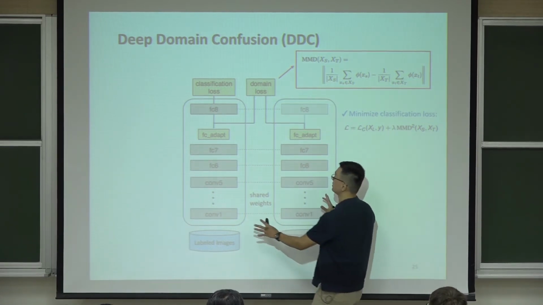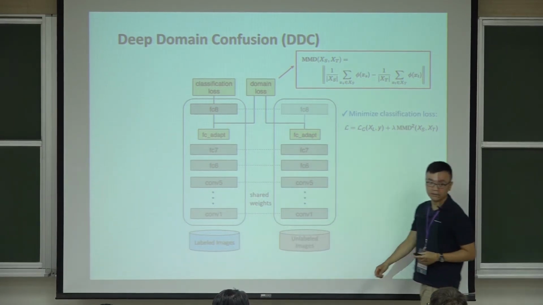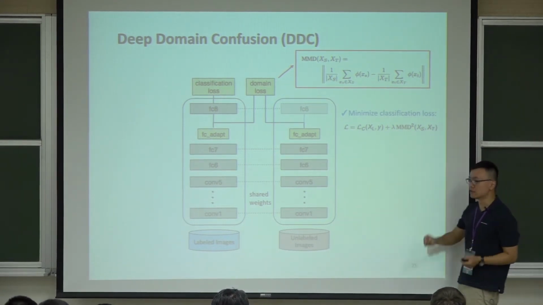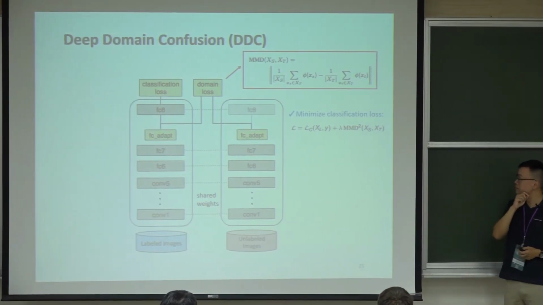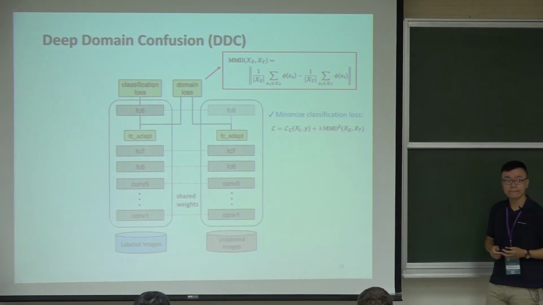So once such data reach the feature domain, you can calculate their global mean. And you can try to minimize the difference between the global means, right? So we're all good so far?